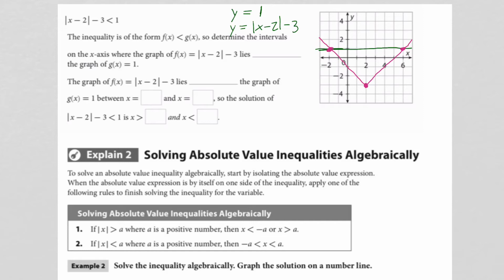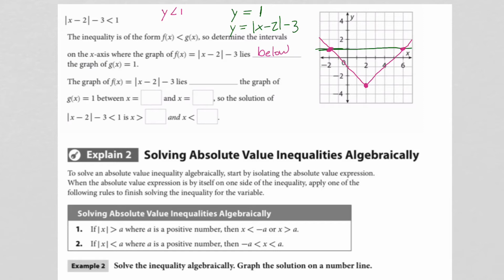But what you're really trying to find out is when y is less than 1, what are the answers that would apply? So if you recall, horizontally, less than 1, that would be the answers that lie below the graph of basically y equals 1.